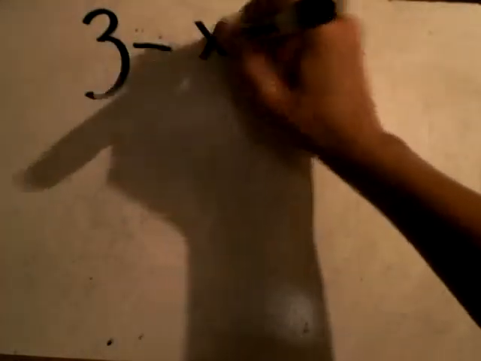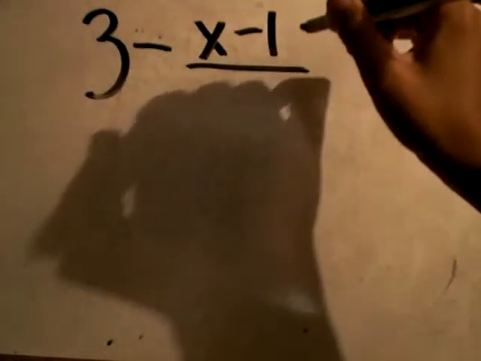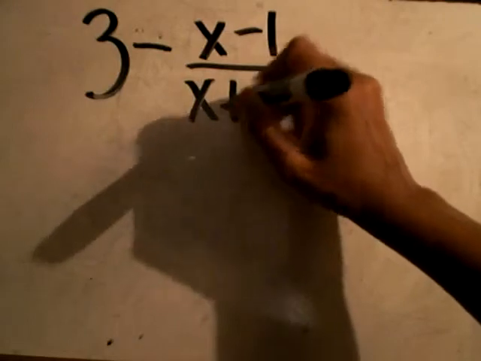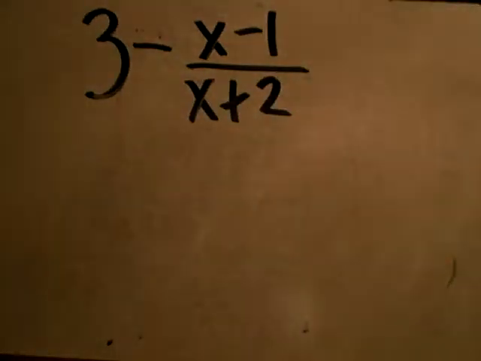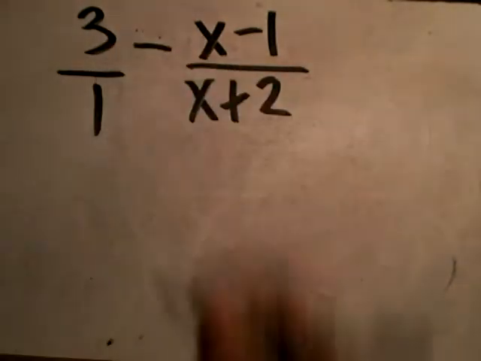Okay, all right, in this problem we're going to have 3 minus x minus 1 over x plus 2. Okay, so now remember we have to find a common denominator. Now remember that this 3 is really like a 3 over 1, okay?